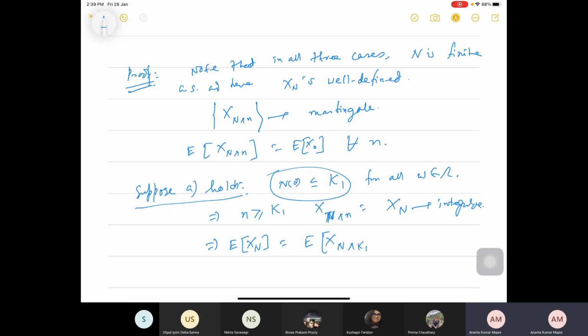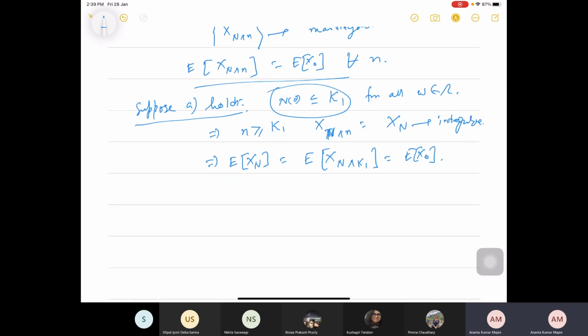I already know that for n greater than or equal to k1, this holds for all n, and this is my expectation of X_0. So if my stopping time N is bounded, then this part is fine, is it not? Okay, so let us consider case B.